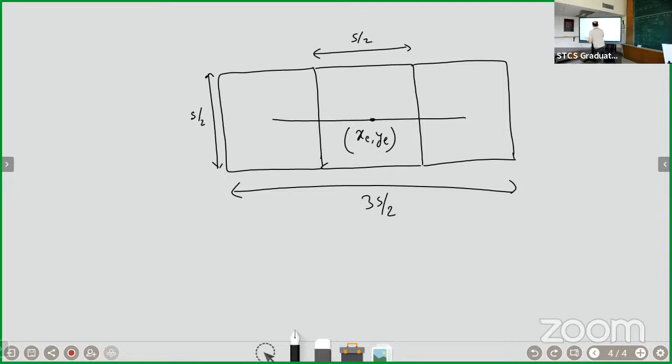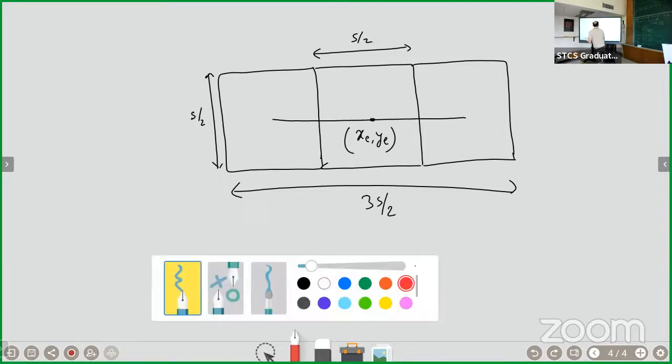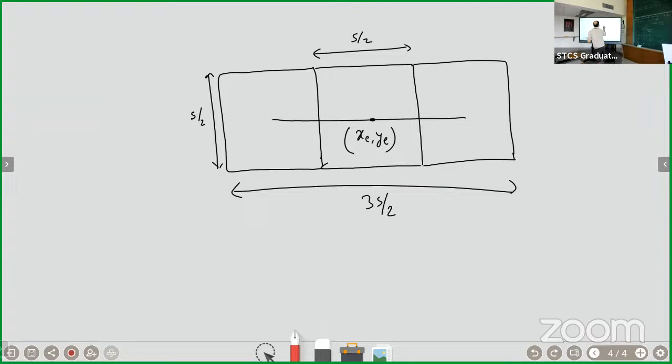This is the edge which will get mapped to the square lattice.